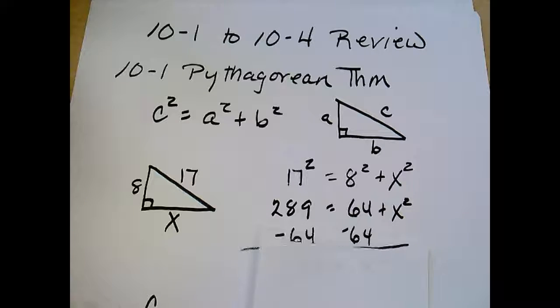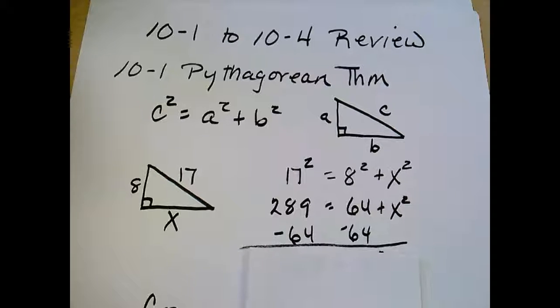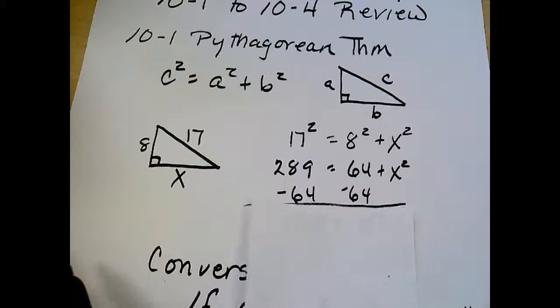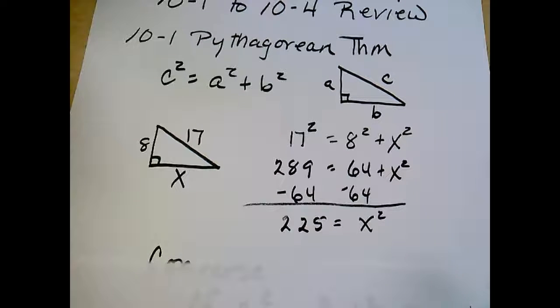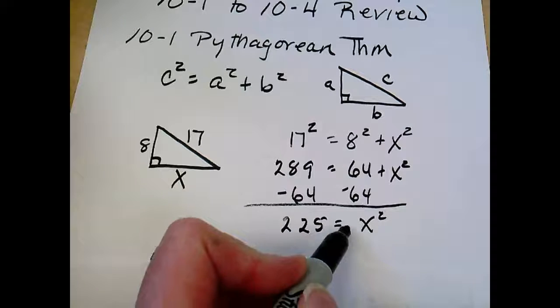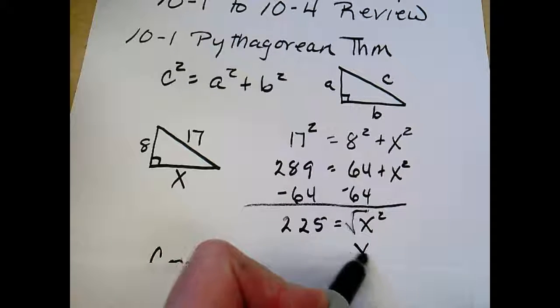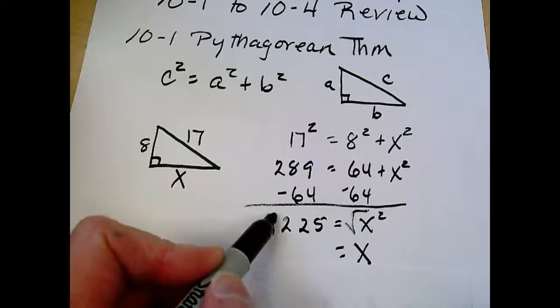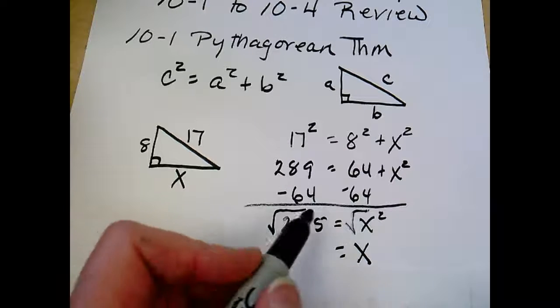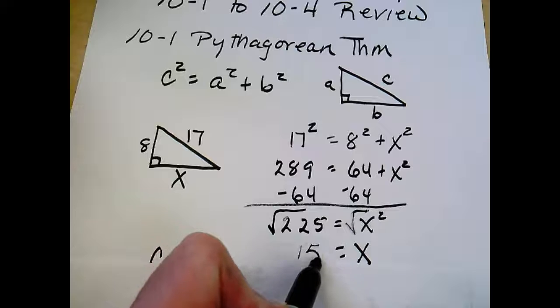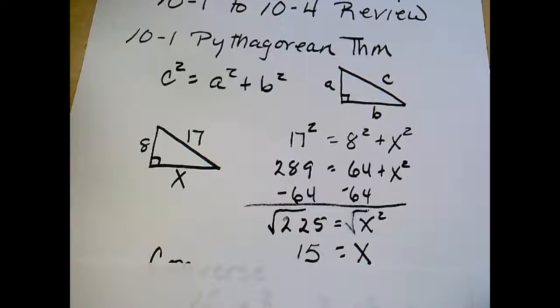So then we subtract 64 from both sides, and we get 225 equals x squared. So when we're solving this part, again, you have to take the square root of both sides to get down to single x equals the square root of 225, which is 15. So now we've completed our problem with the Pythagorean theorem.